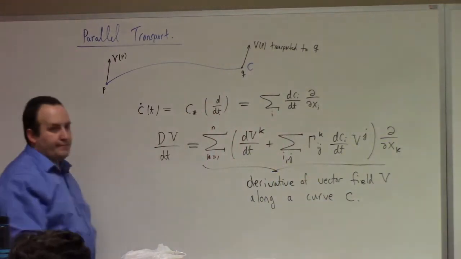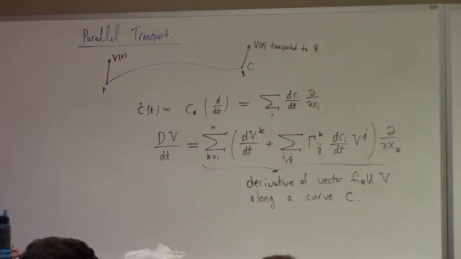Right? So to make sense of this dv^k/dt, what does that mean? It depends on what kind of vector field we're looking at, right? If we're looking at a vector field which is just intrinsic to the structure of the curve, it may be that we've got no vector field we're restricting. If V is a vector field which is defined outside of C, right?